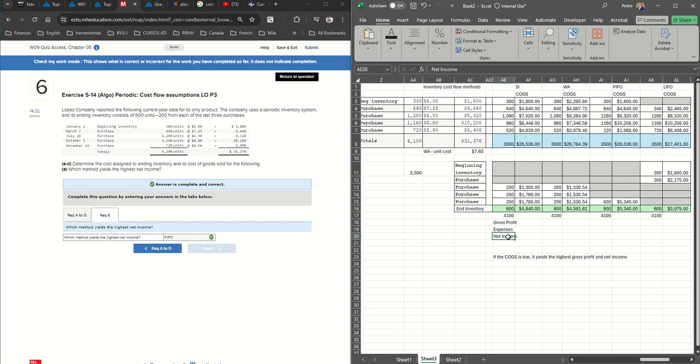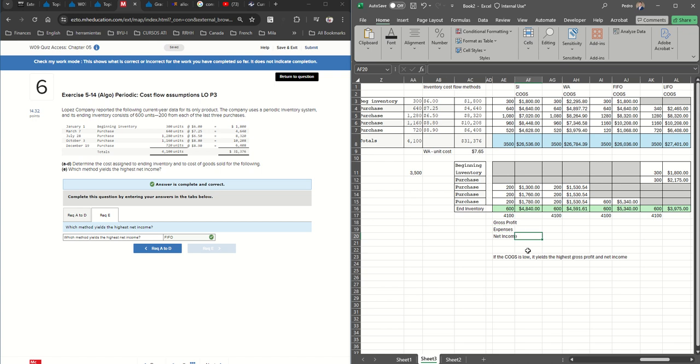To obtain the net income, there are some data that are missing, and probably you are trying to find out the gross profit and expenses. But we don't have that information, so it would be very complicated to find it out.